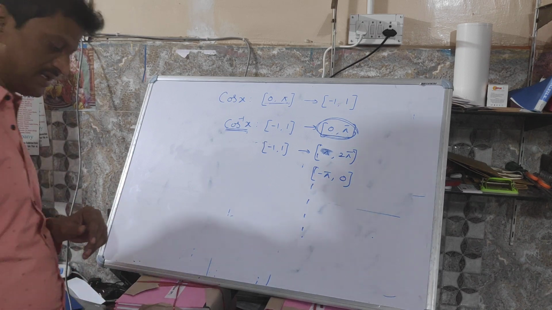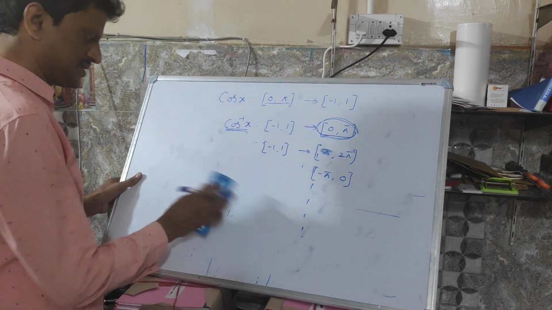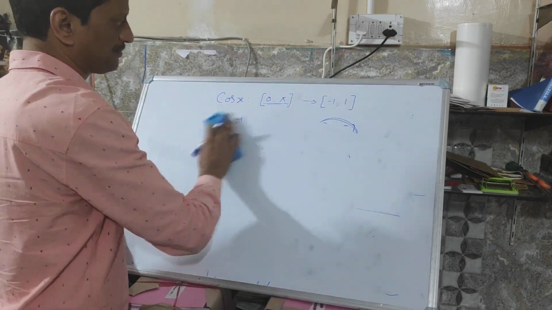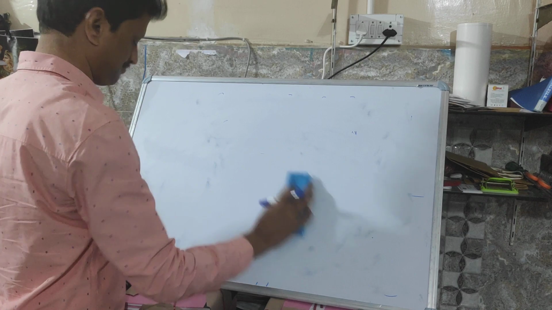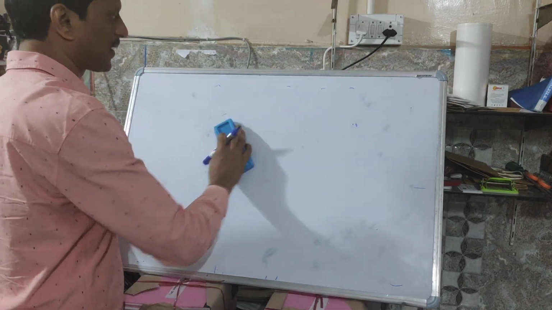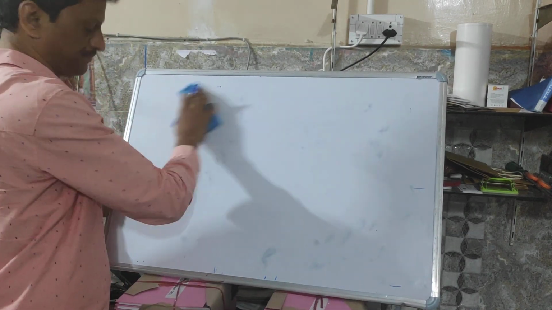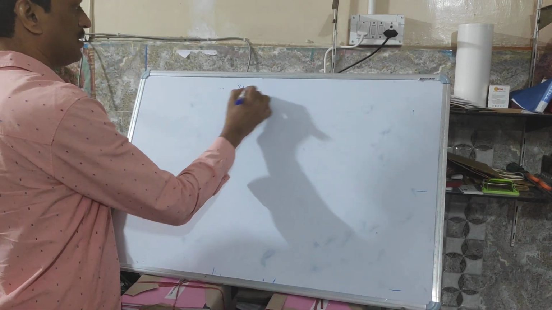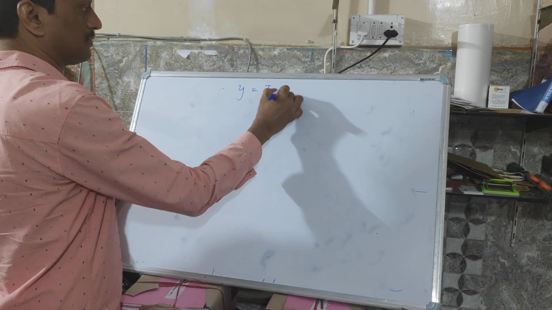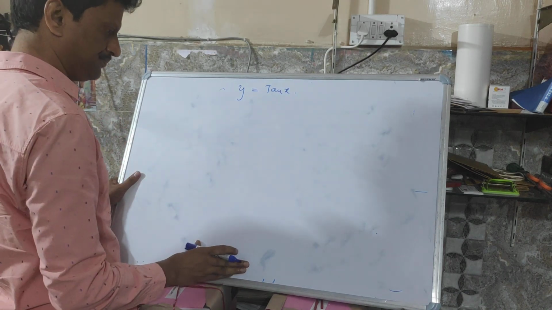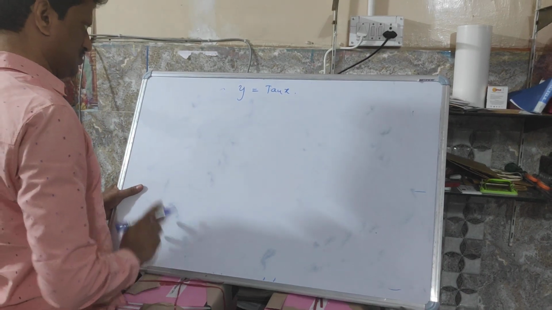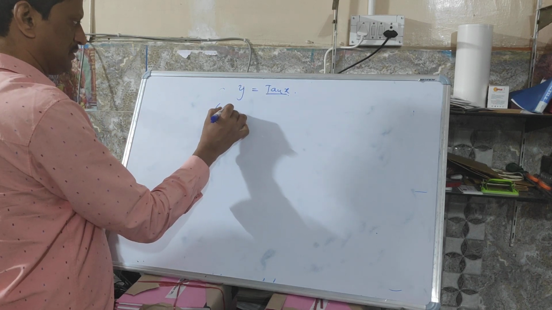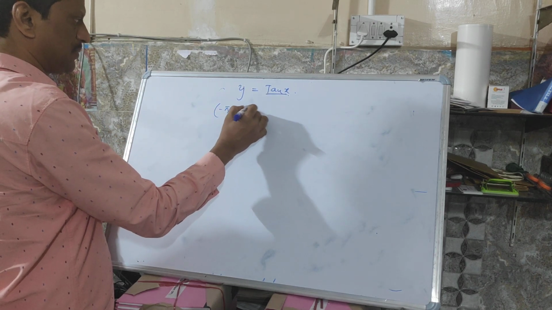Now the time for tan inverse x. First tan x, after that tan inverse x. So once again I am taking tan x over its principal domain.